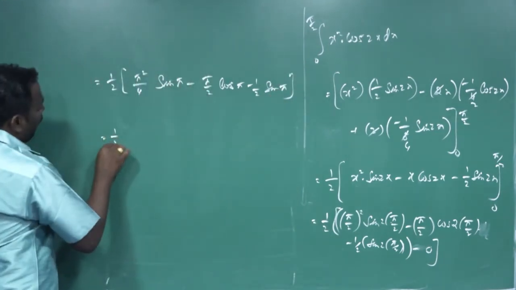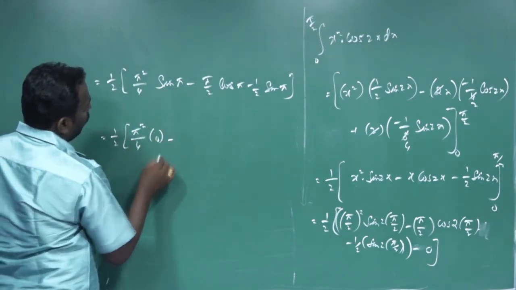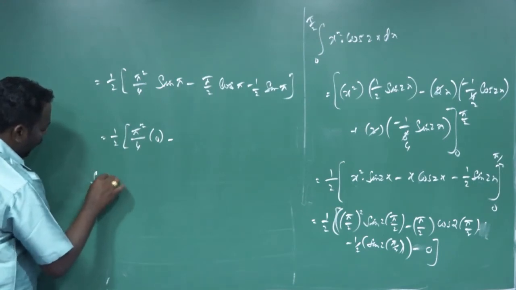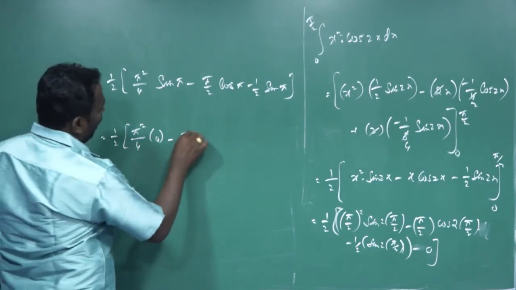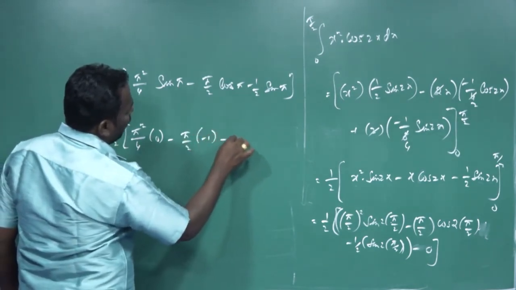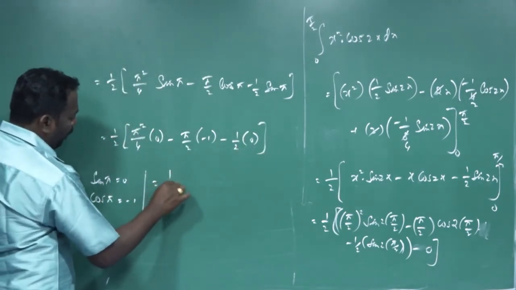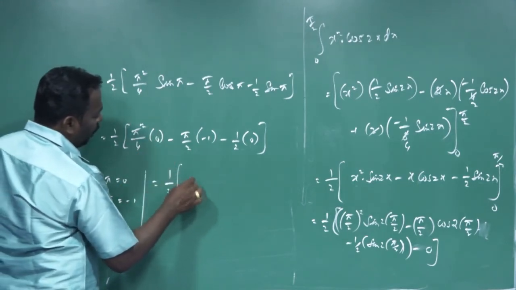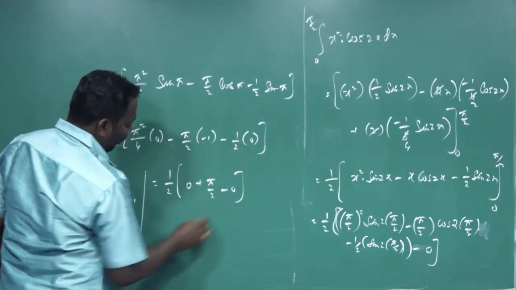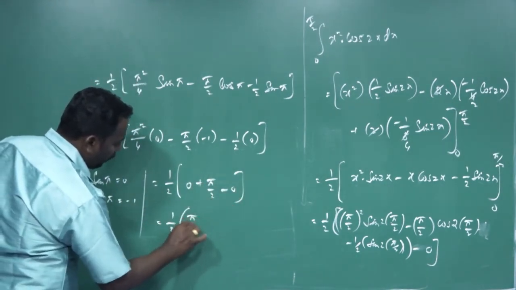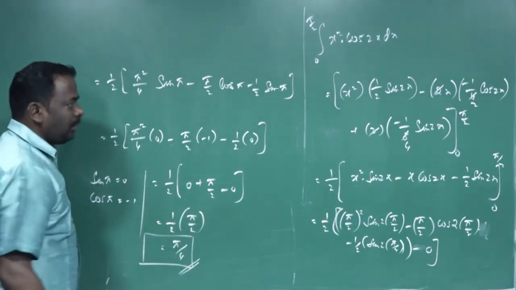That is equal to 1 by 2 into pi square by 4, sin pi equal to 0, cos pi equal to minus 1, and sin pi equal to 0. Now that is equal to 1 by 2 within the bracket: the first term is 0, then minus into minus becomes plus pi by 2, then 0. That is equal to 1 by 2 into pi by 2, that is equal to pi by 4. This is the final simplification of the given integration.